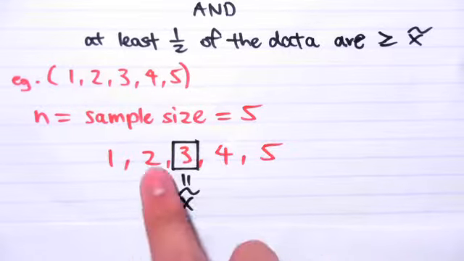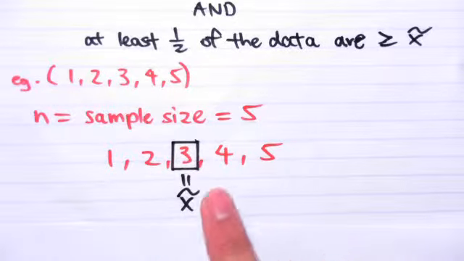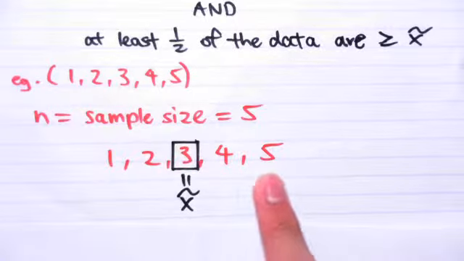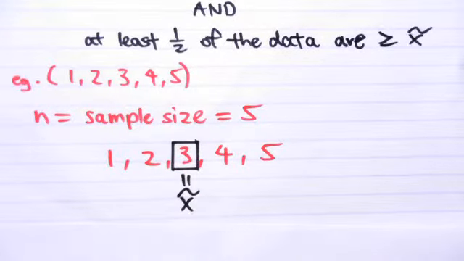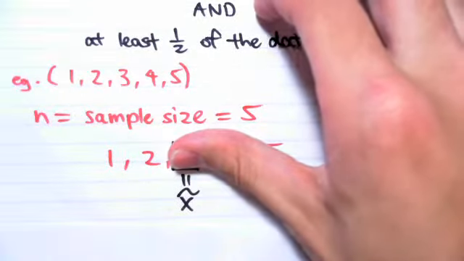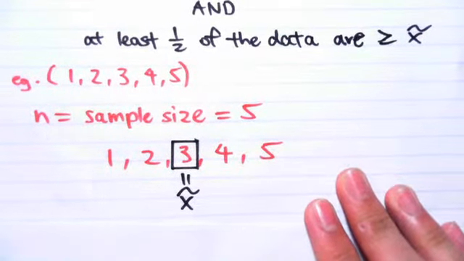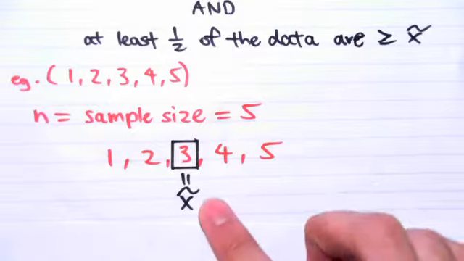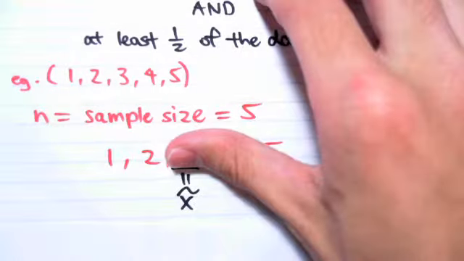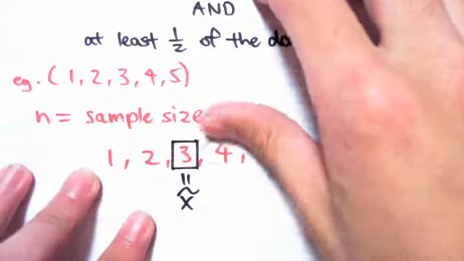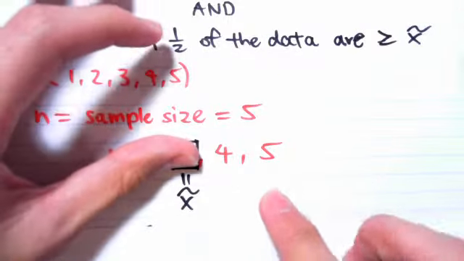If you write them all out, the median is basically the middle number in our sample set. The middle number here is 3, x squiggle. The way I think of the median is that the amount of numbers on the left-hand side of the median should be equal to the amount of numbers on the right-hand side. For example, if your median here was 3, the left-hand side of 3 should have only 2 numbers, and on the right-hand side of 3 there are also 2 numbers.